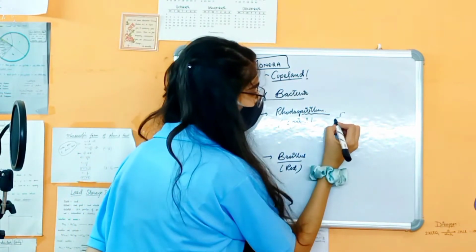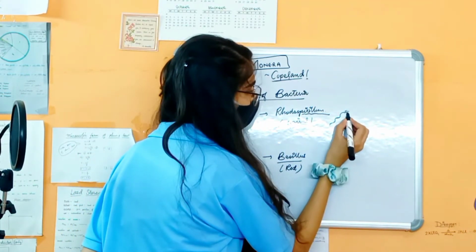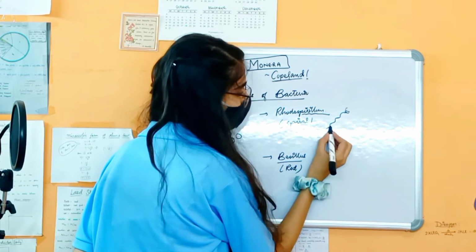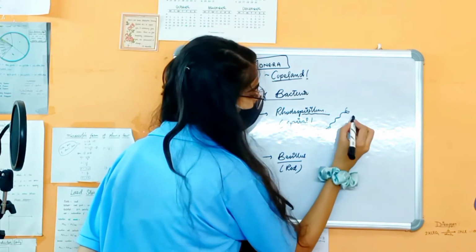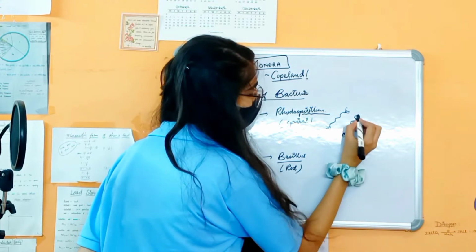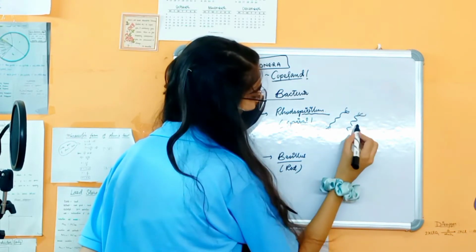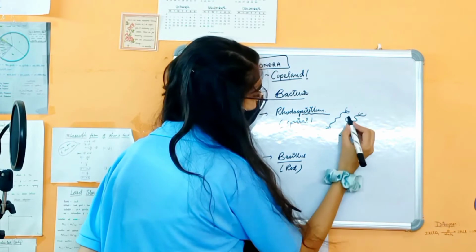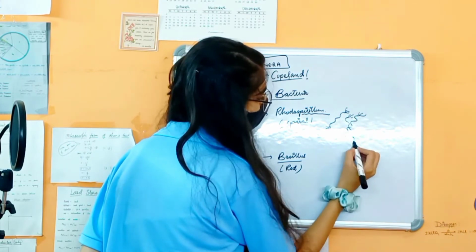Rhodospirillum, these are like this, with flagella on both ends. This condition is known as amphitrichous, if I'm not wrong. These are spirillum.